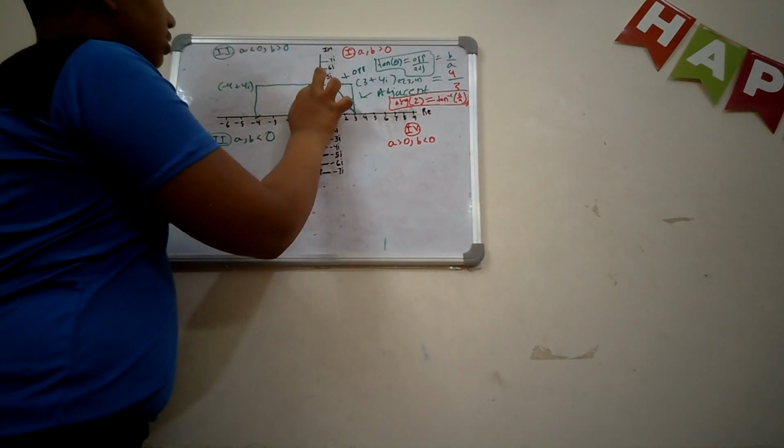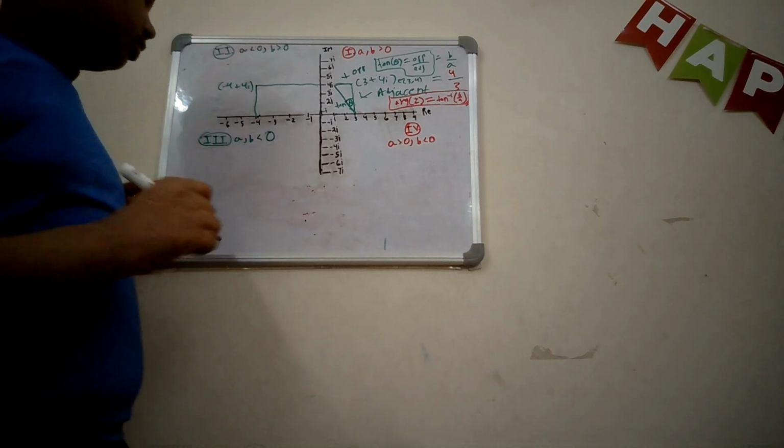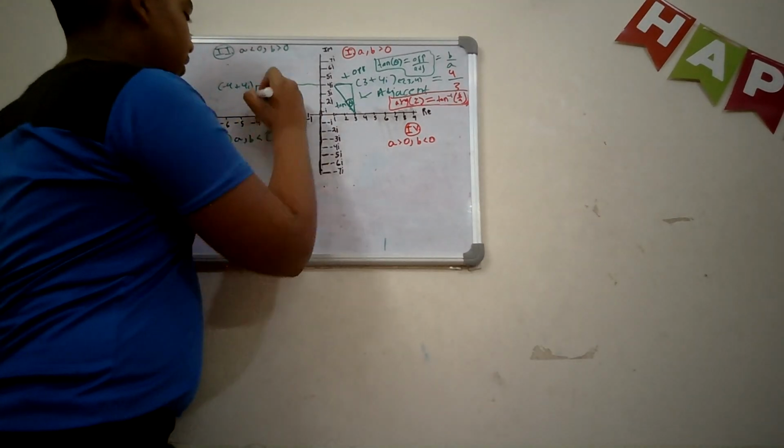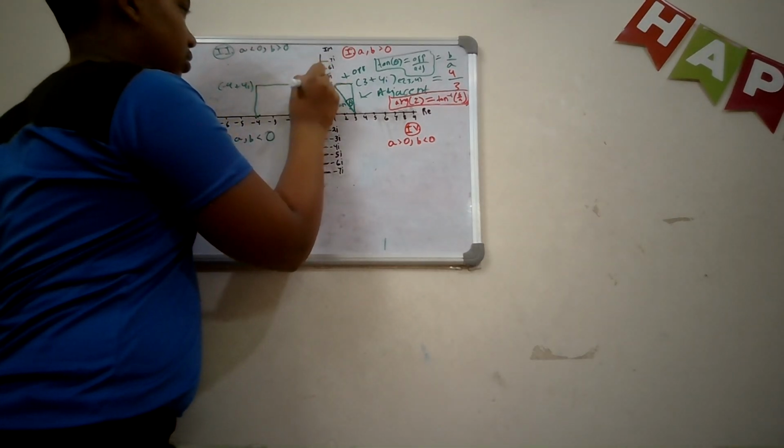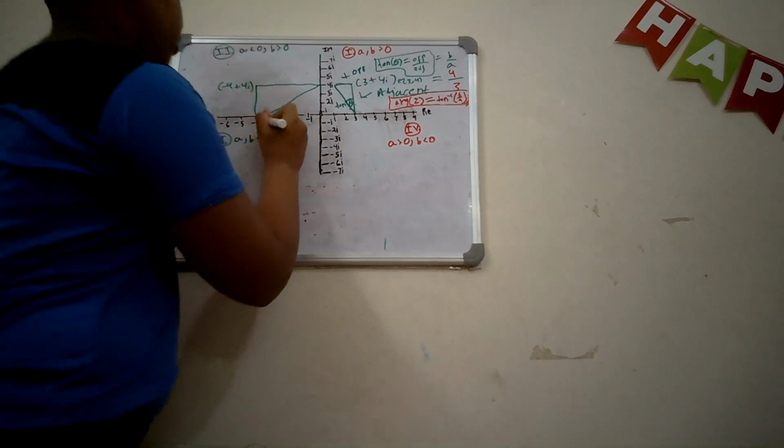So when we join this, we're going to get a hypotenuse like this. All clear to you?